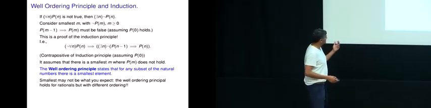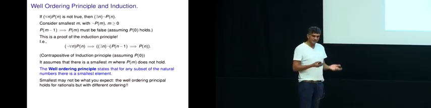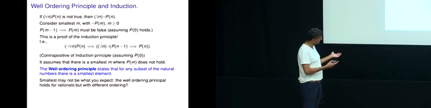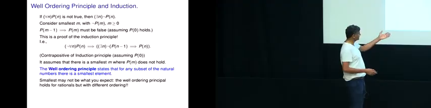You can do this argument over other things like rationals. You just have to define your ordering. We have a very natural ordering for natural numbers. That's why they're the natural numbers, because the ordering is natural. That was a joke.